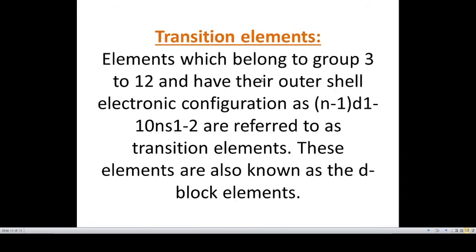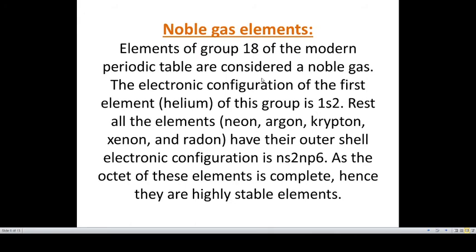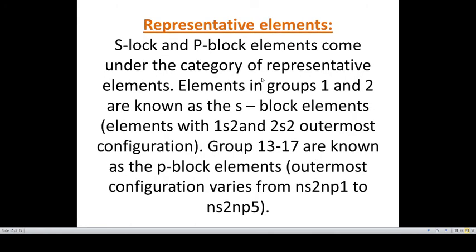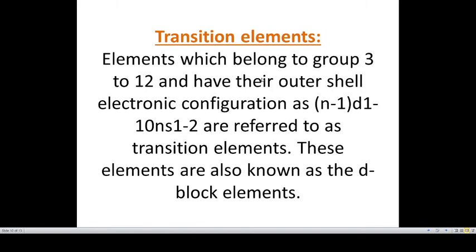Okay. Now next are transition elements. So we have seen two types of elements: noble gas elements, that is group 18 elements, and representative elements, which can be S block as well as P block. S block comes under groups 1 and 2 and P block 13 to 17, whereas transition elements are the elements which belong to groups 3 to 12 and have the electronic configuration (n-1)d1-10 ns1-2, and they are referred to as transition elements. These elements are known as D block elements.